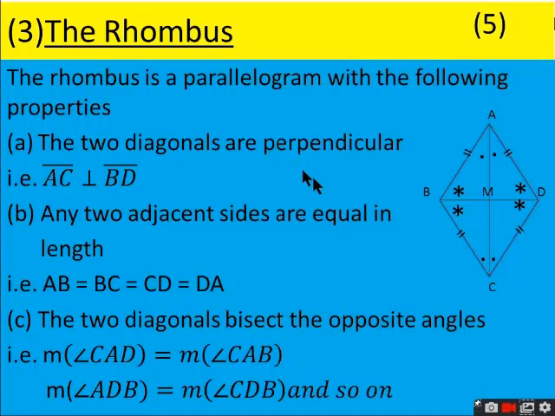Also, measure of angle BCA equals measure of angle DCA. In the same way, measure of angle ADB equals angle CDB. Measure of angle CBD equals measure of angle ABD, and so on.